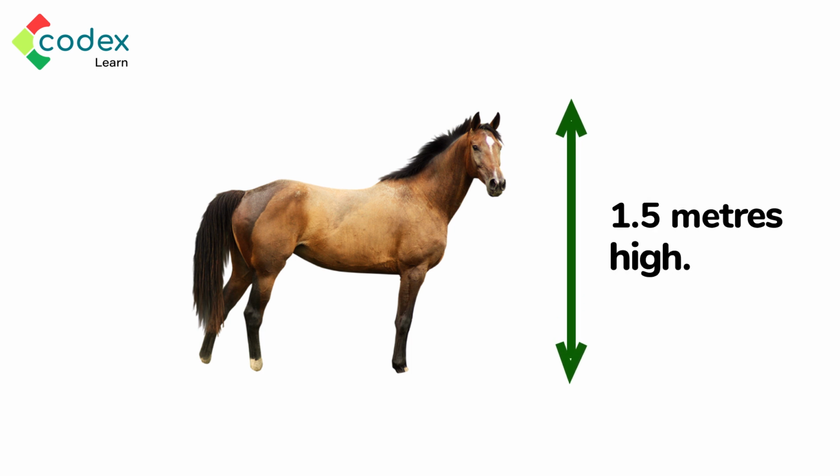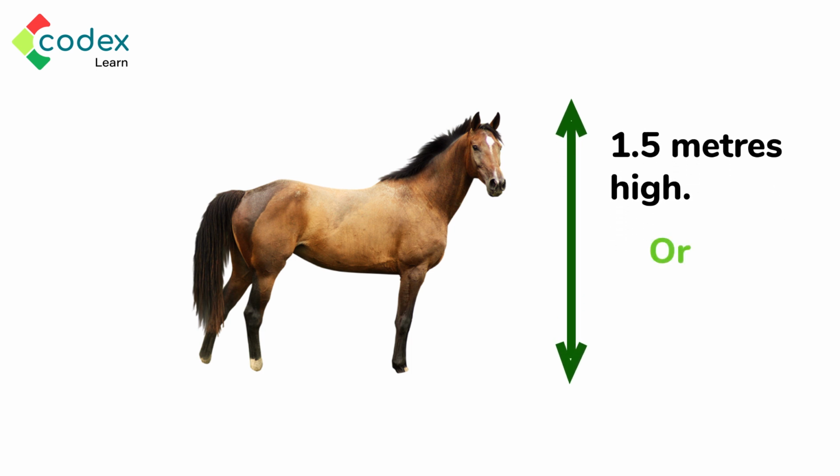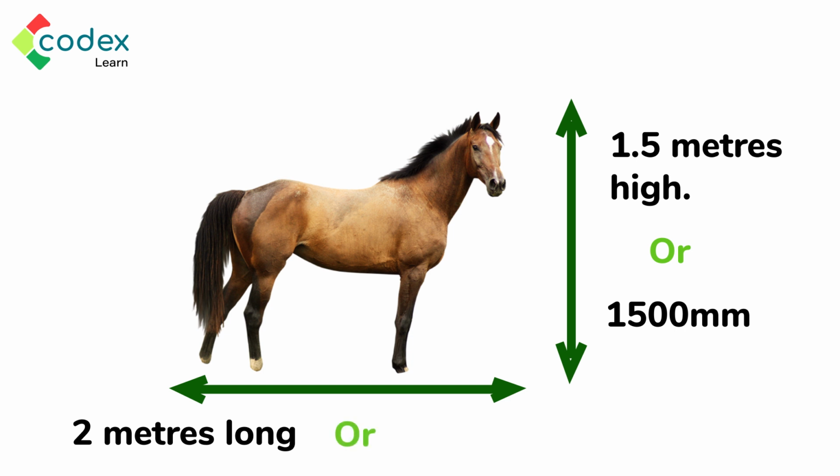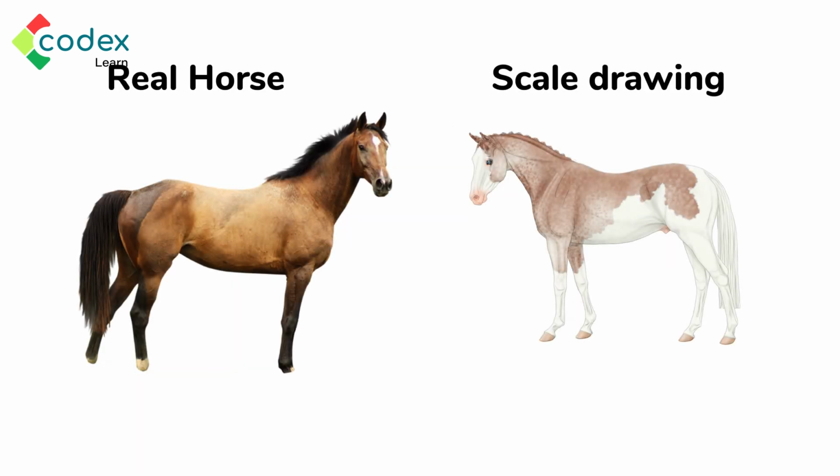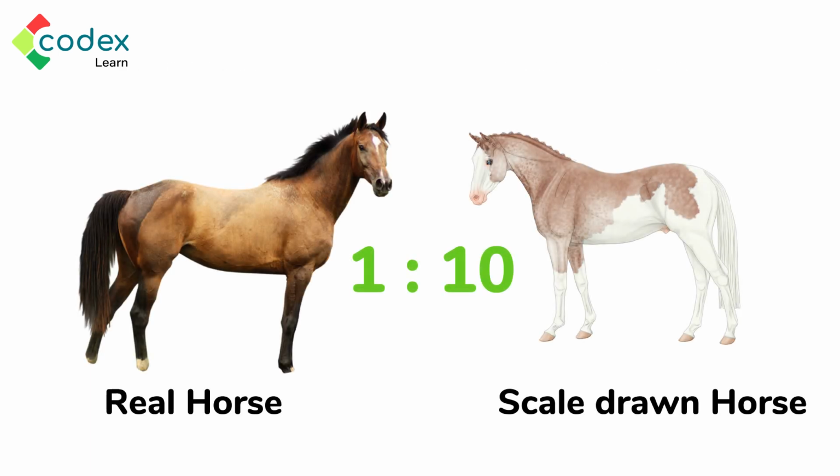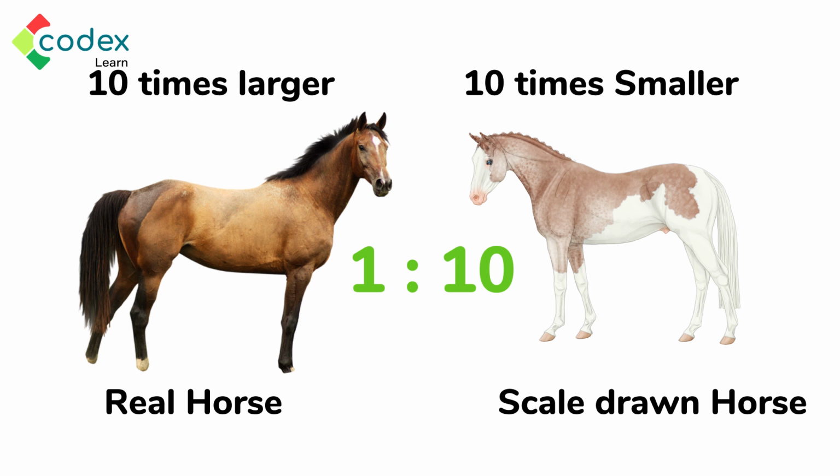It's about 1.5 meters high, or 1,500 millimeter, and 2 meters long, or 2,000 millimeter. But look at its scale drawing. The drawing is at a ratio of 1 to 10. This means that the dimensions of the real horse are 10 times larger than the dimensions of the drawn horse.